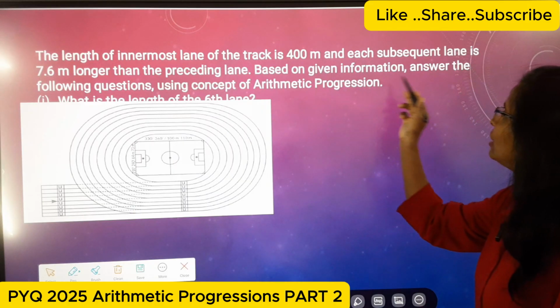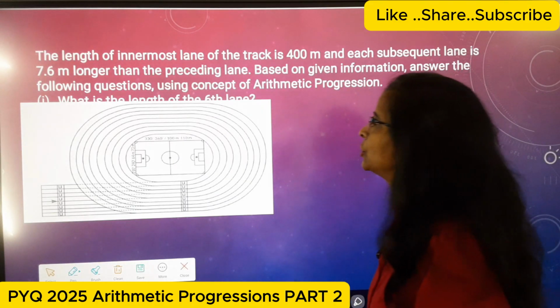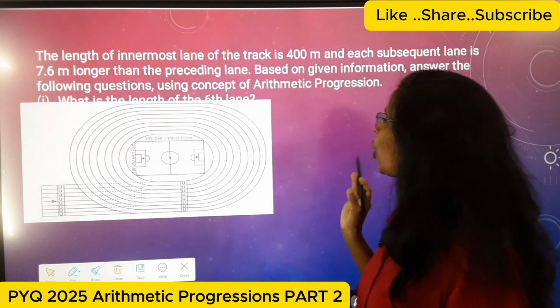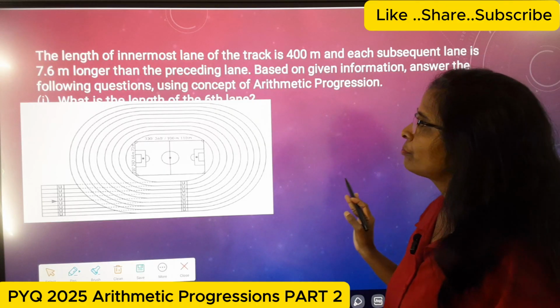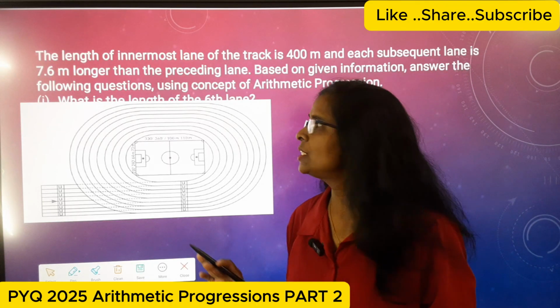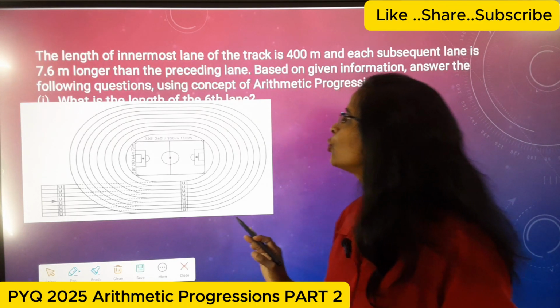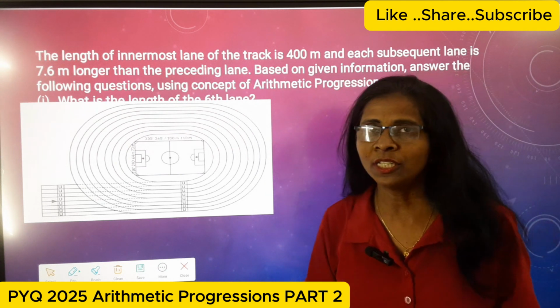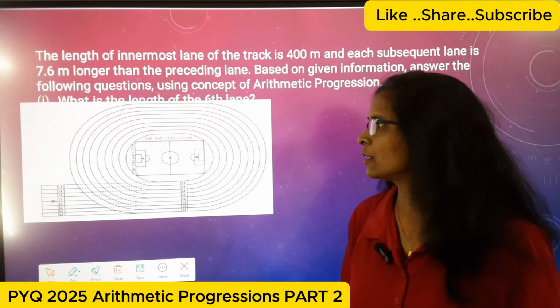Based on the given information, answer the following questions using the concept of arithmetic progression. First question: what is the length of the sixth lane?